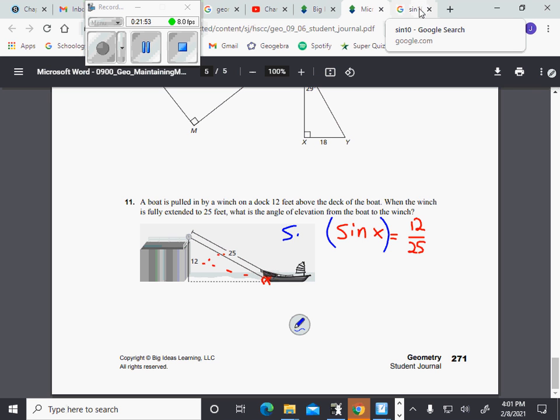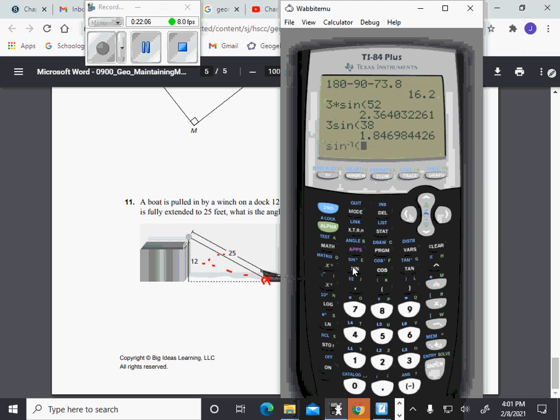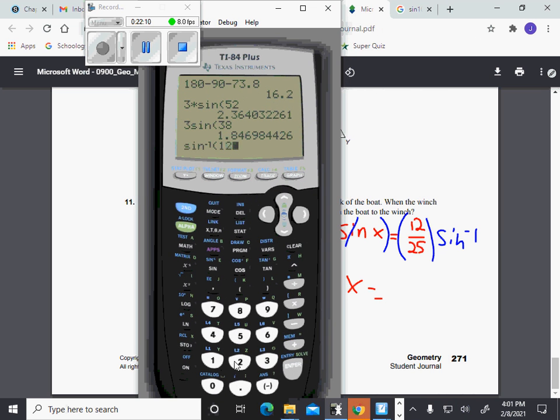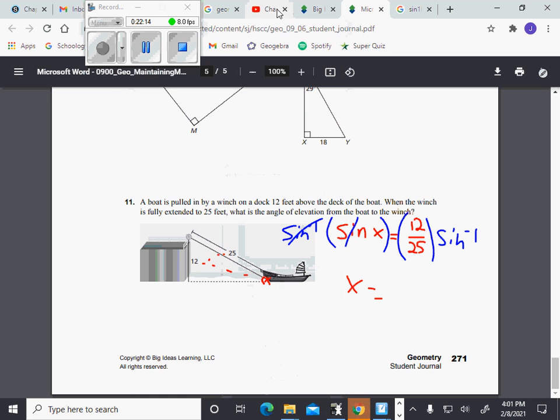You have to take the sine inverse. That gets rid of that. We are left with x is equal to sine inverse of 12 over 25. We get 28.7 degrees.